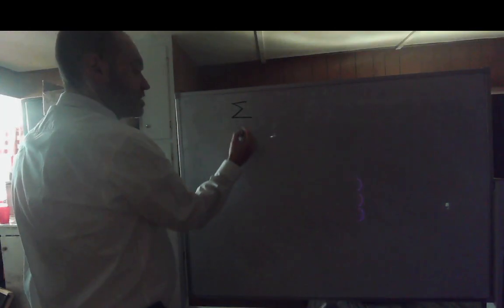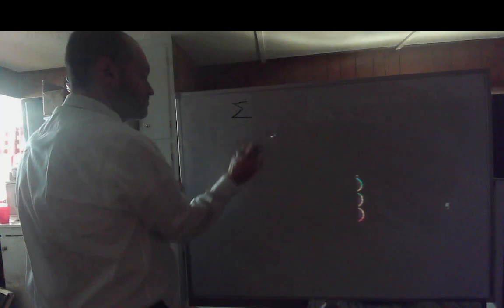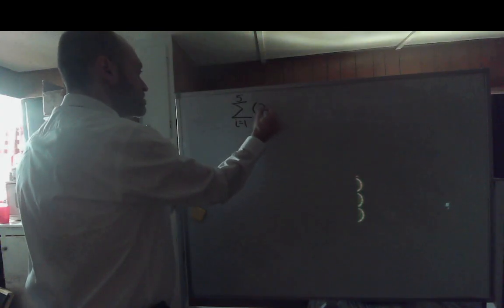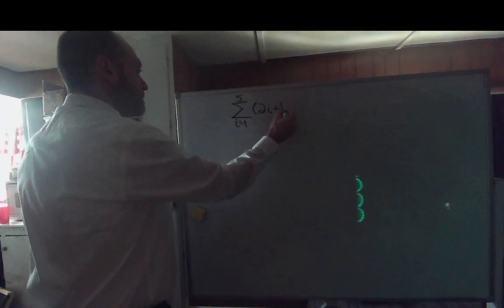Now, let's work backwards a bit here. We are actually going to go ahead and find the sum. So let's say we have this, the sum from i equals 1 to 5 of 2i plus 1.